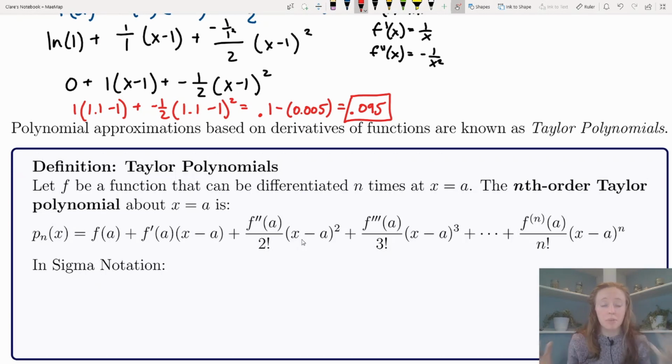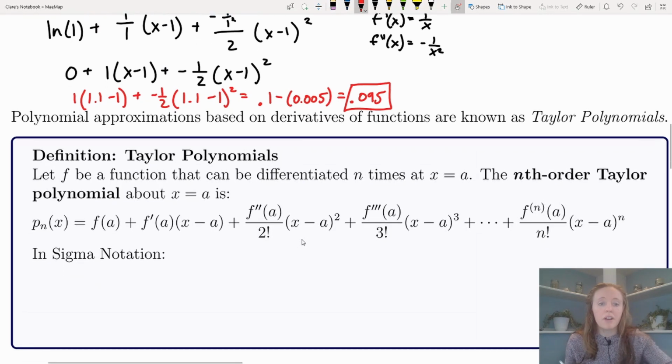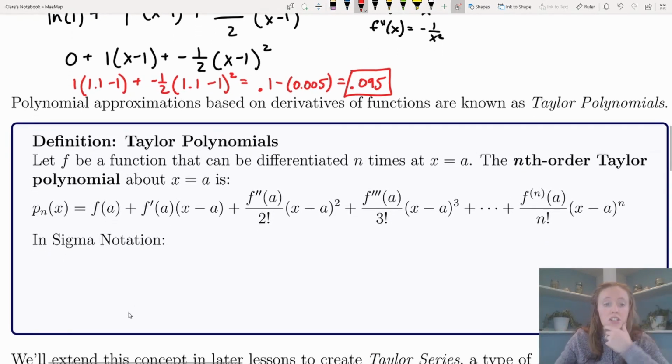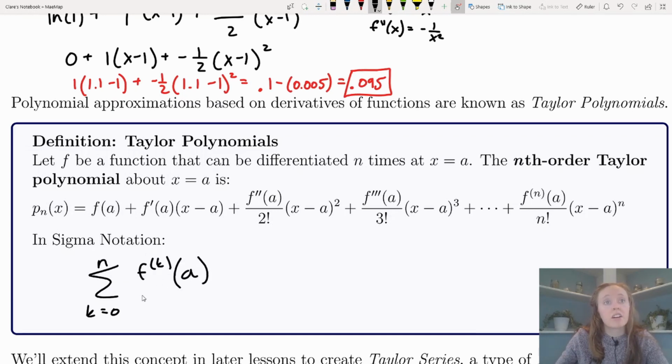So if I was to write this in sigma notation, this is going to be the summation of k equals 0 to n of the kth derivative of a all over k factorial times x minus a to the k.